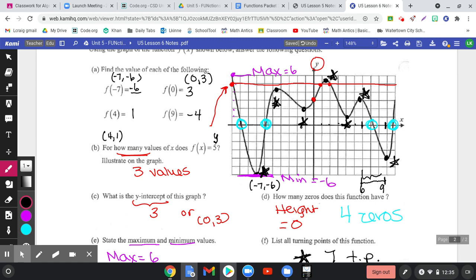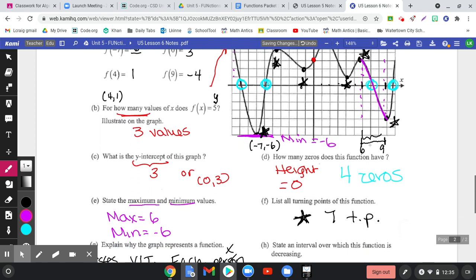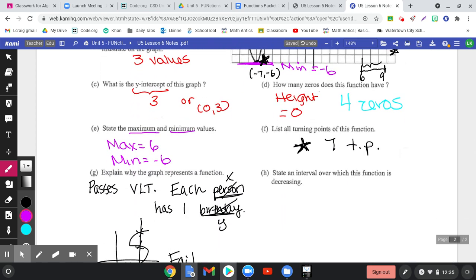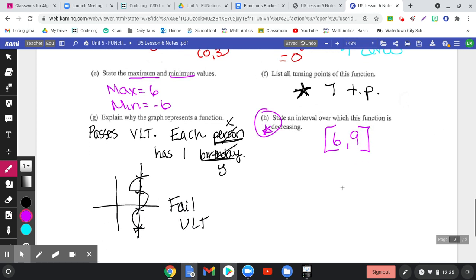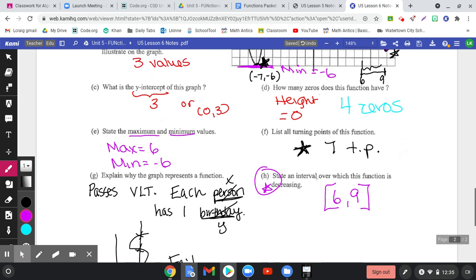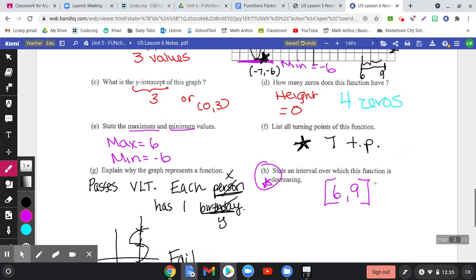The whole time when you're between 6 and 9. So starting here at 6, 7, 8, 9. You're not looking at the height. You're looking at between here and here. All right, so between 6 and 9 on your x-axis, it's decreasing. And you can just write it using interval notation, between 6 and 9. I know that part's kind of tricky. Not going to be tested on that, but it is something that you'll see pop up from time to time.